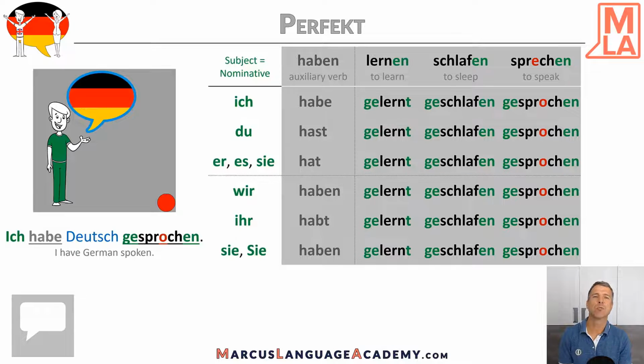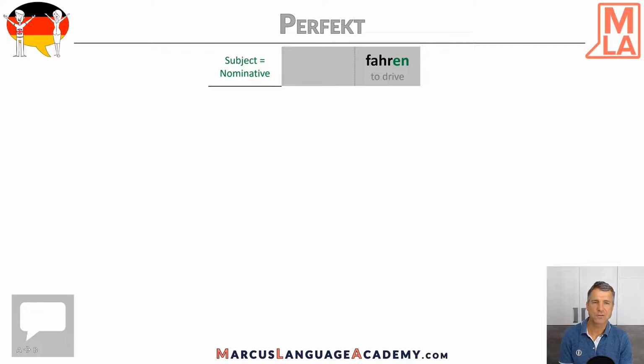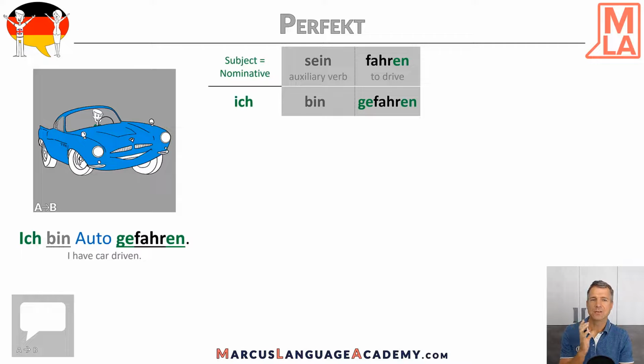But there's one another thing we need to know. Because if we have verbs like fahren, where we move from A to B, we apply a different auxiliary verb. We don't apply haben as an auxiliary verb. We apply sein. So here we would say, ich bin Auto gefahren.